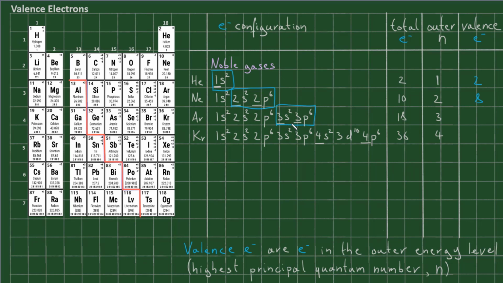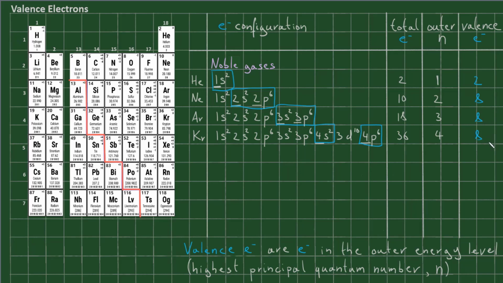And again, I have 8 of them. 2 in the s orbital and 6 in the p orbitals. And finally, for krypton, the outer energy level is 4, so the valence electrons are the ones that are associated with level 4. And again, I have 8 of them. 2 in the s orbital and 6 in the p orbitals.